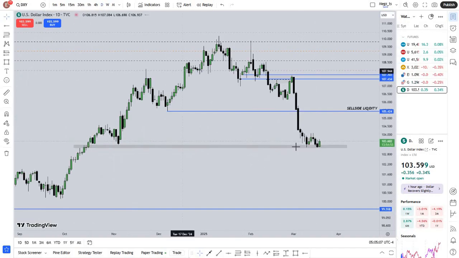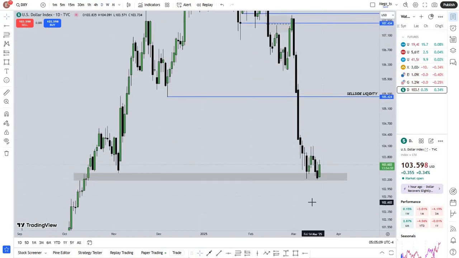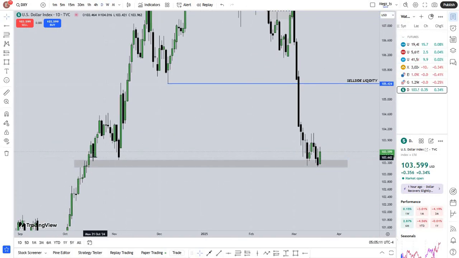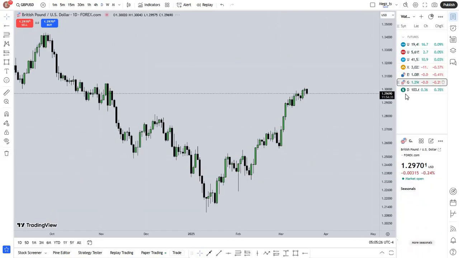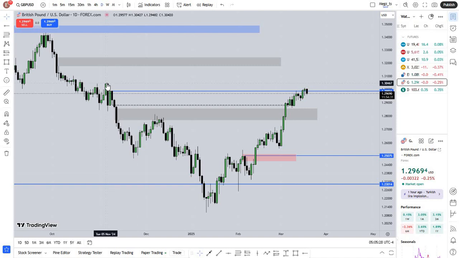The reasons for that: going to the daily time frame, we took out sell side liquidity here, relatively poor lows, and now we're kind of consolidating. So this sell side liquidity here, you see how we ran it on the DXY, and let me go to GBPUSD. Buy side liquidity was still kept intact here. This is November 5th.